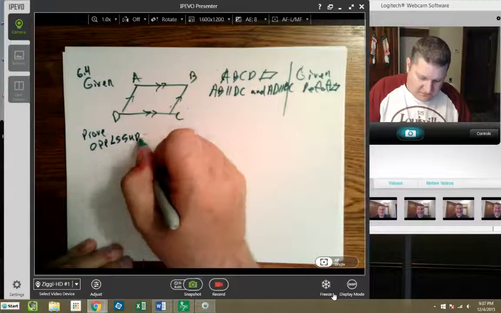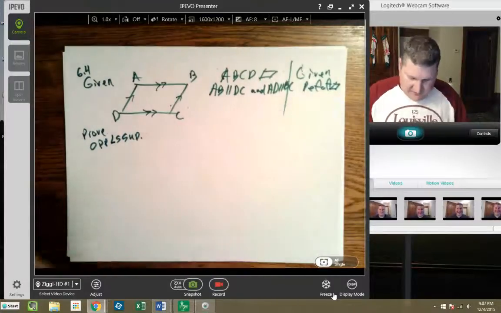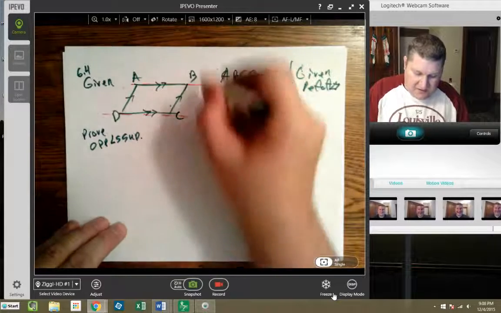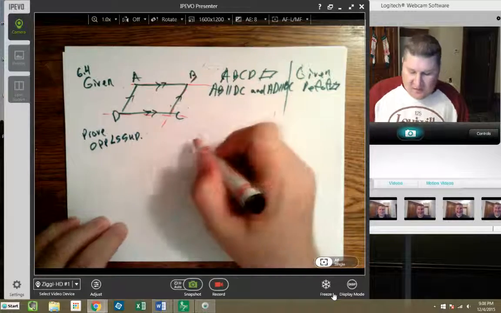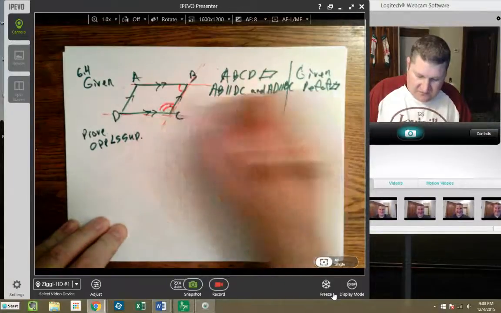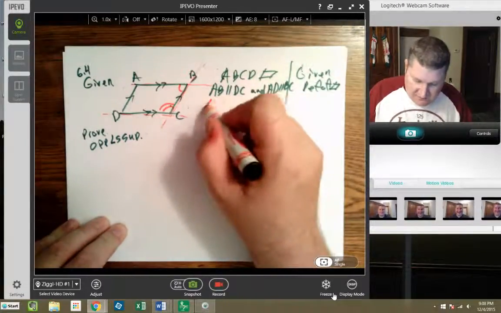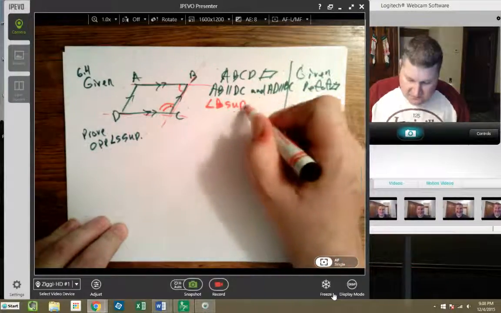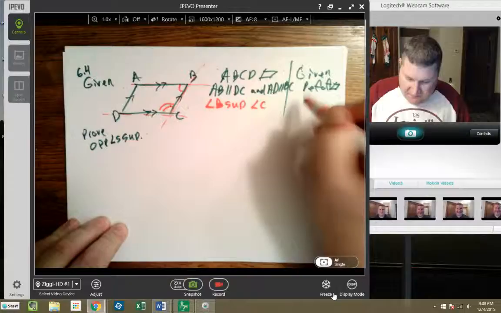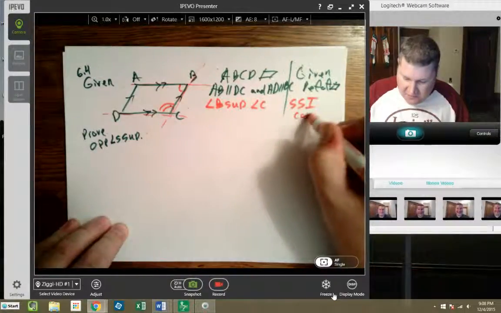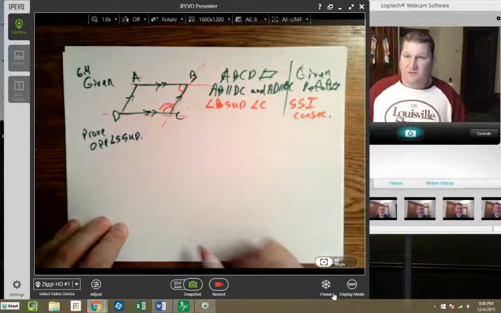Now, the nice thing is I don't have to work very hard at this, because if this and this are parallel and this is a transversal, I can say this and this are supplementary. So I can say angle B supplementary to angle C by same side interior angles, also known as consecutive angles.